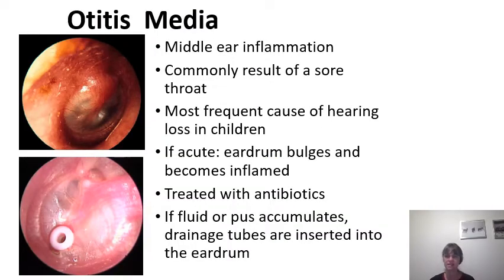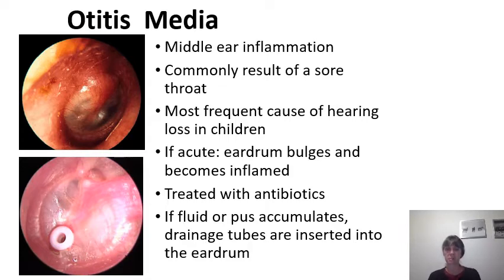Otitis media is a condition where the middle ear cavity has become infected and inflamed, and it's usually the result of a sore throat. Sometimes when people get strep throat, the infection can climb up the eustachian tube to the middle ear, and that will cause the tympanic membrane to become very red and swollen and bulgy, like you can see here in the upper picture.